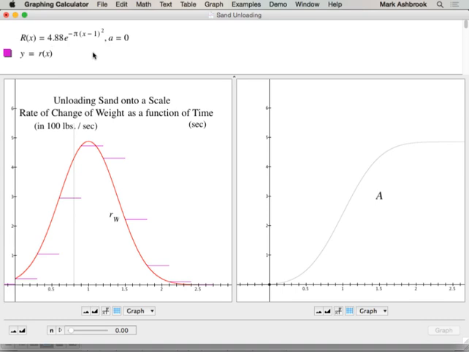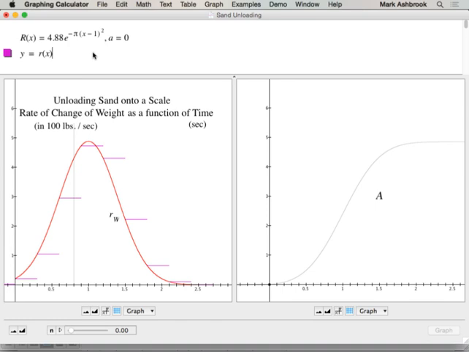It doesn't take much sand to weigh 500 pounds. It would just be a little pile in this corner, 100 pounds per second. So 2.4 would be 240 pounds. Because it's 100 pounds per second, so 2.4 seconds later, you're dropping 240 pounds, right?